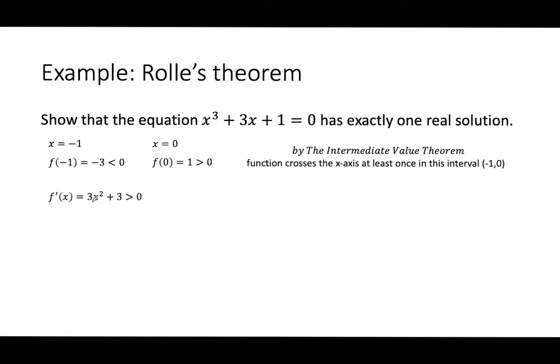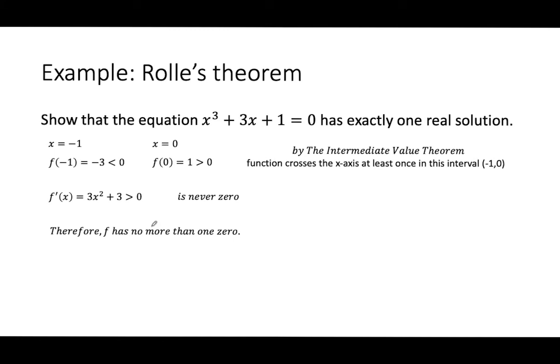And when we multiply by 3, it will still be non-negative. And when we add a positive number, it will always be greater than 0. Therefore, we have found that here f prime x is never 0. Therefore, we cannot find any c in which the derivative of the given function will be equal to 0.